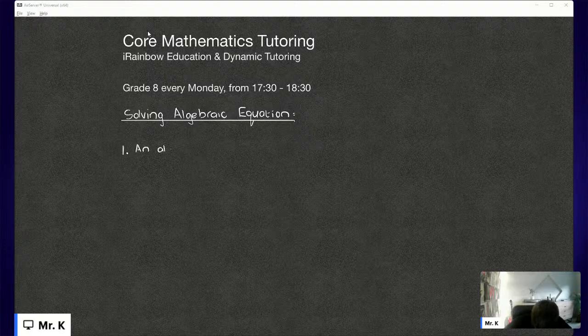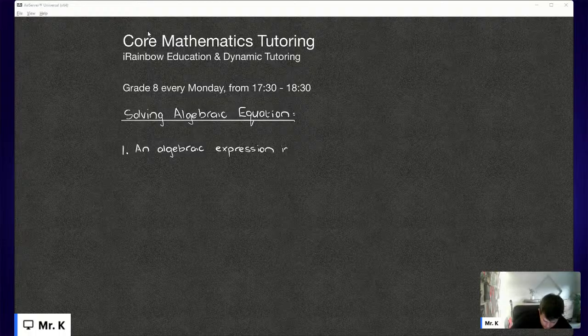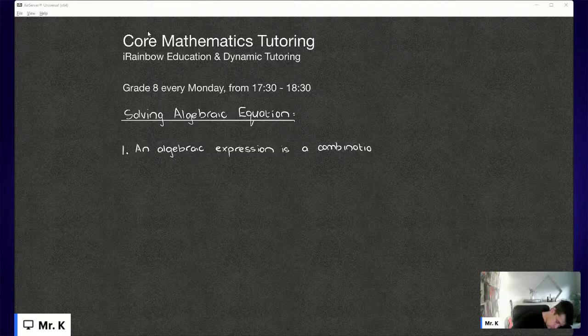Okay, for those of you that don't know, an algebraic expression is a combination of mathematical terms that is not equal to a specific value.